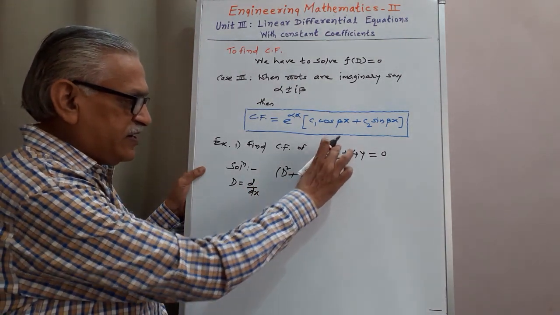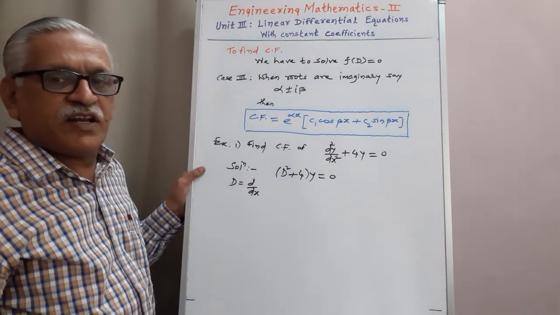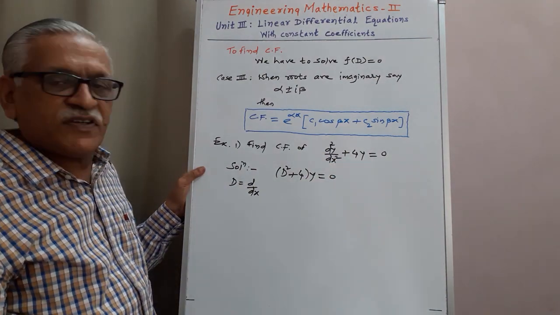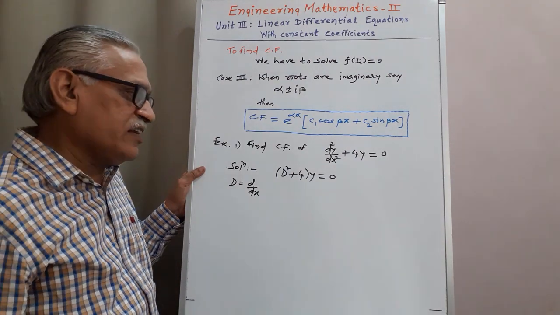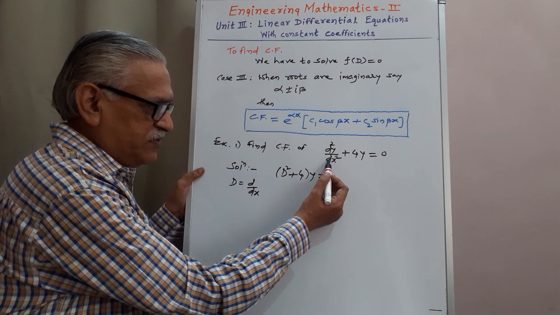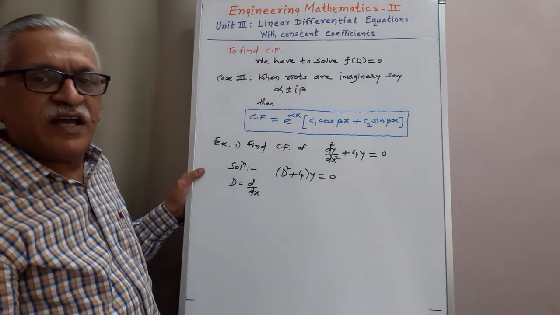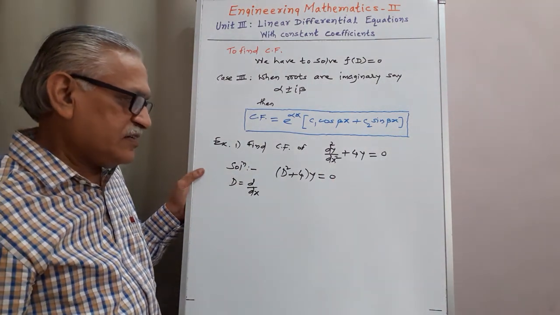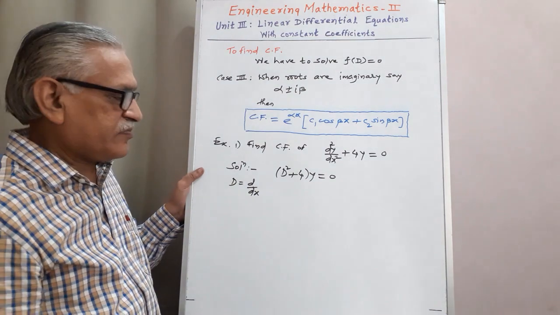Here y becomes the dependent variable, x the independent variable. The order of this differential equation is 2 and it is linear, as the degree of y is 1, the degree of d2y by dx square is also 1 and they are not multiplied together, which satisfies that definition.